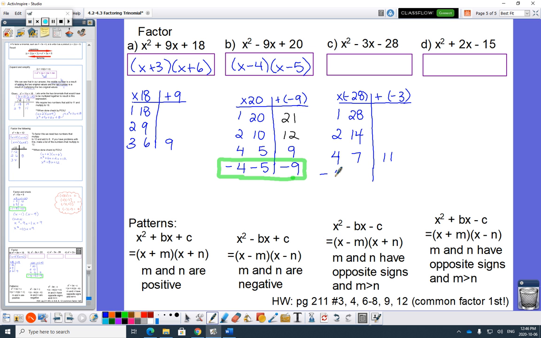If I do negative 4 and 7, that's what kind of 3? Positive. That's not what we want. So don't just write this down and think, oh, it must be a mistake. No, because if you do it the other way, now what do you get? What's 4 plus negative 7? Negative 3. And that's what we want. Okay?